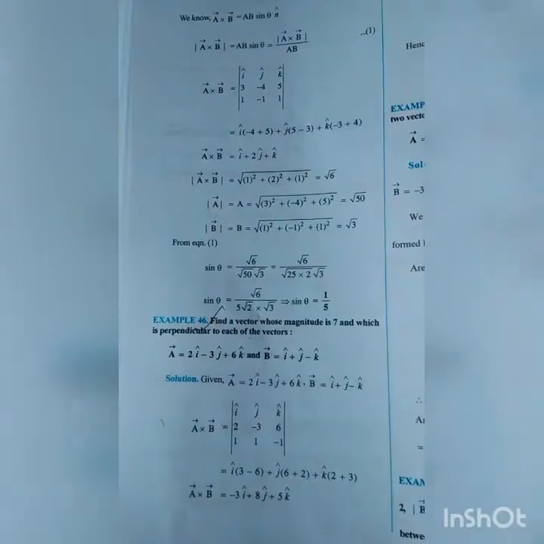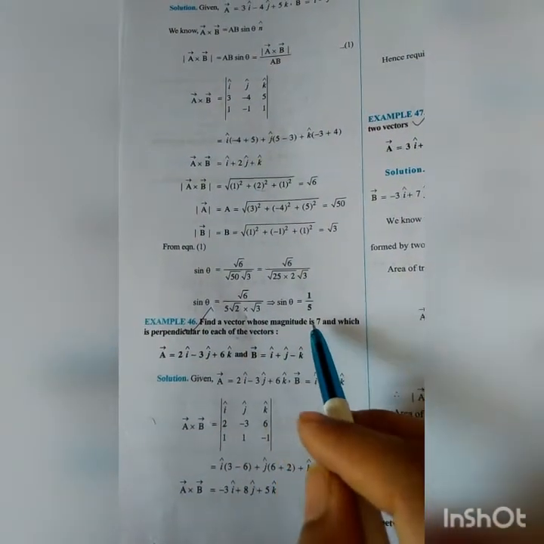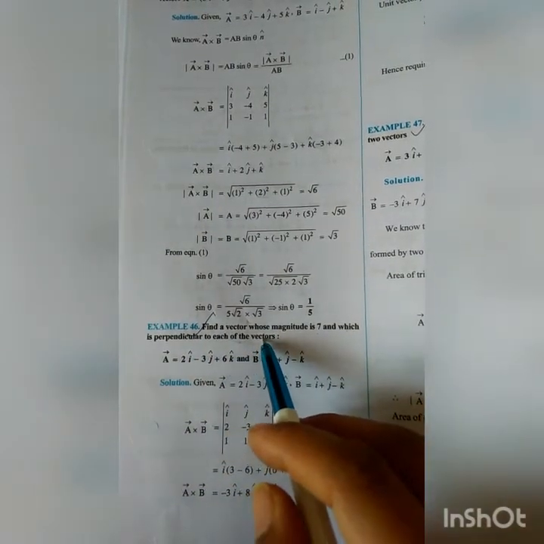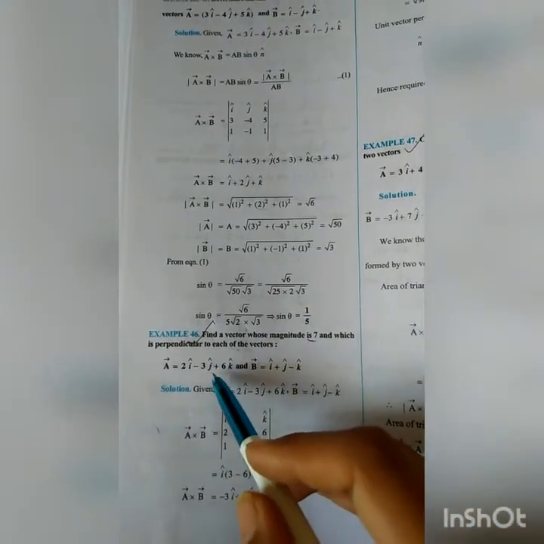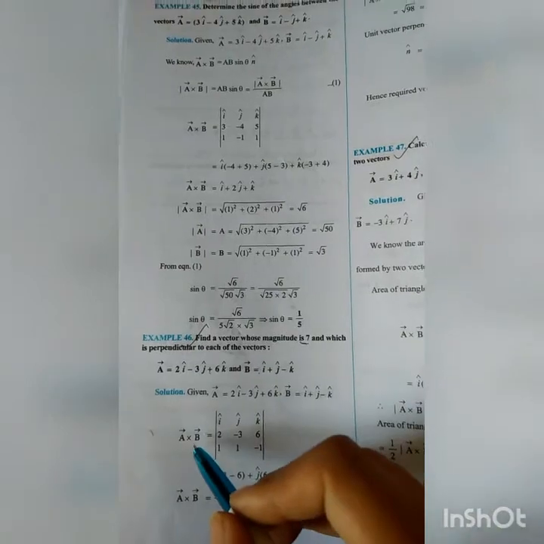Right? In the next question, find a vector whose magnitude is 7 and which is perpendicular to each of the vectors. Now the magnitude is given as 7. You have to find a vector which is perpendicular to these two, so we have to find the cross product.